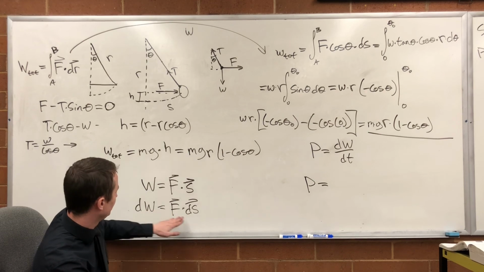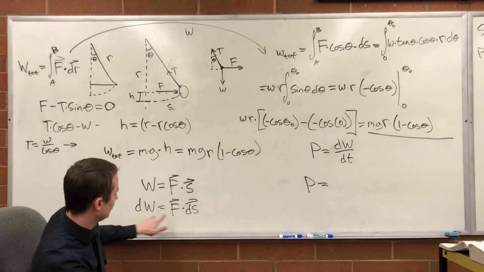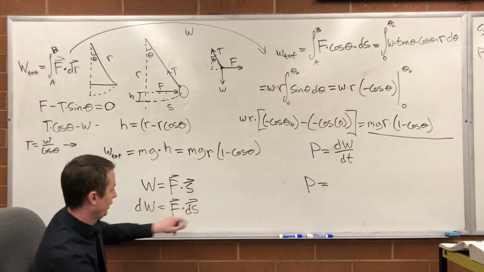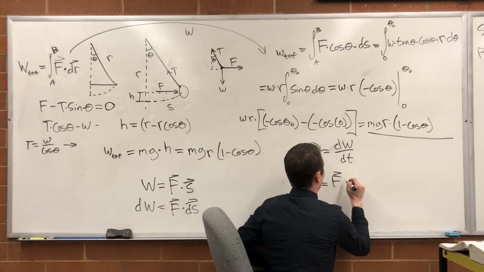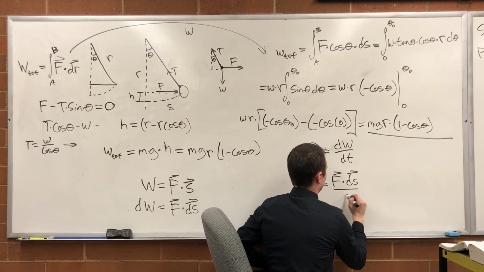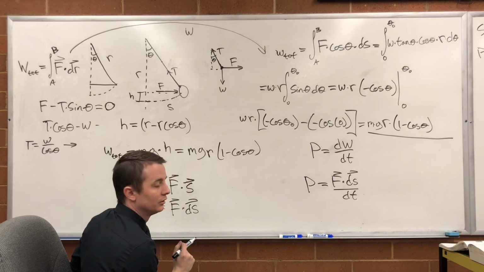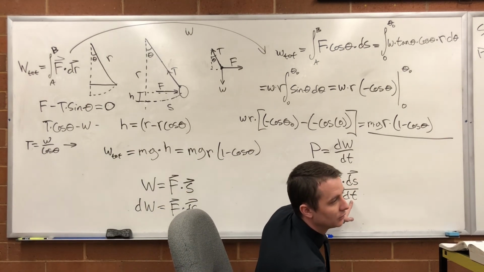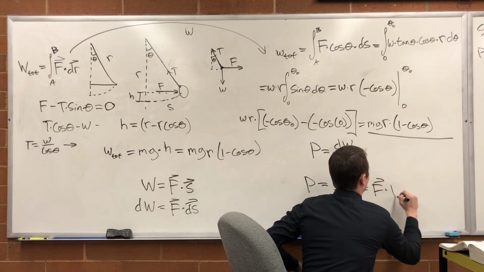Well, I can say a small change in work we calculate with a small change in position. So I can also write this as F dot ds/dt, but ds/dt is velocity. So this is also just F dotted with your velocity.